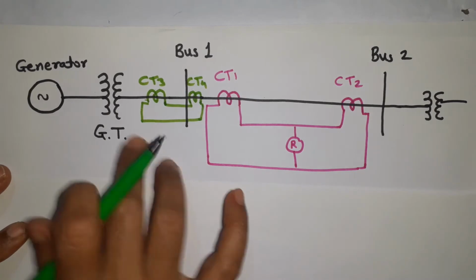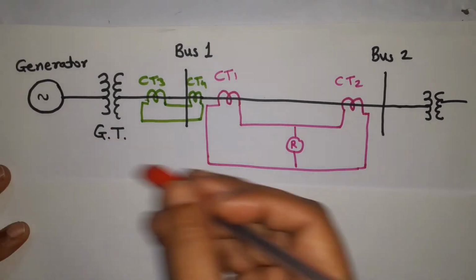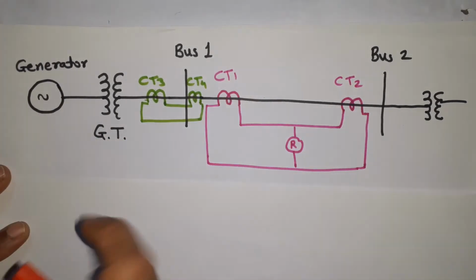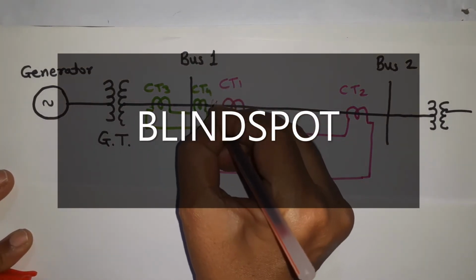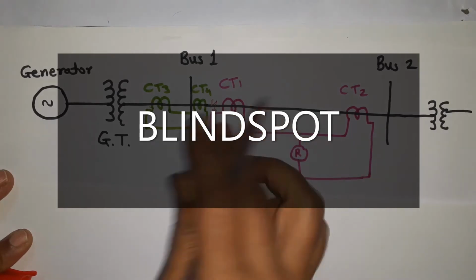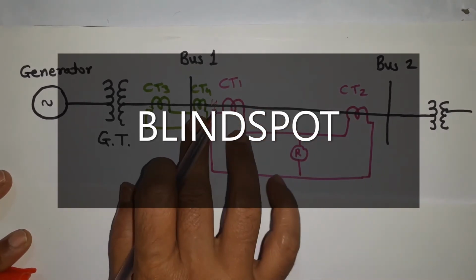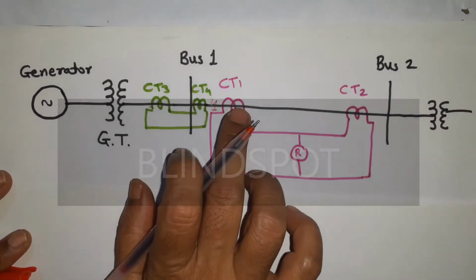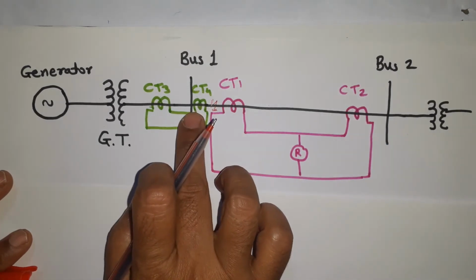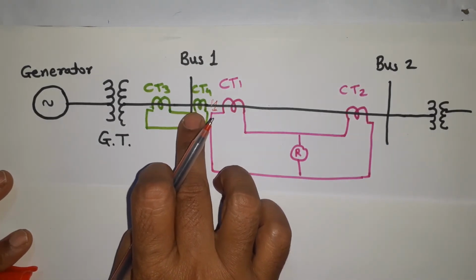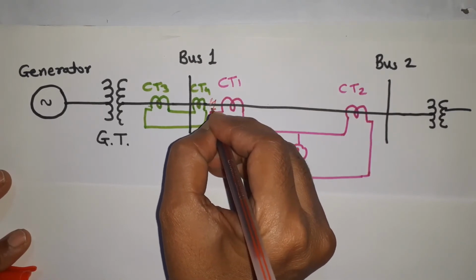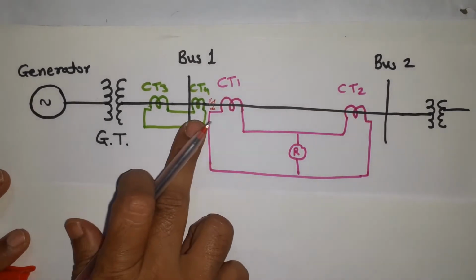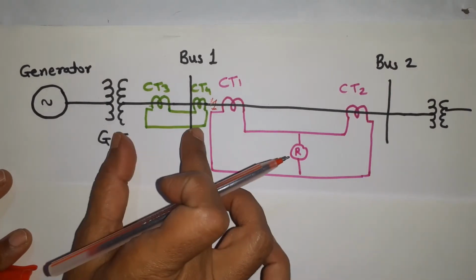Now if any fault occurs in between CT1 and CT4, in this region, then that fault will not get sensed either by CT1 or by CT4. It means this is a blind spot, a region which will not be protected by zone 1 and zone 2.